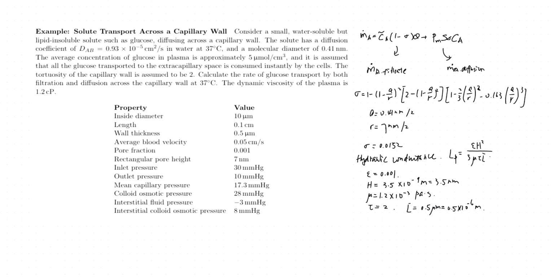So you put all of this number into it, you will get LP equals 3.4 times 10 to the minus 12 meter per Pascal second. I strongly suggest you pull out your calculator and verify this.